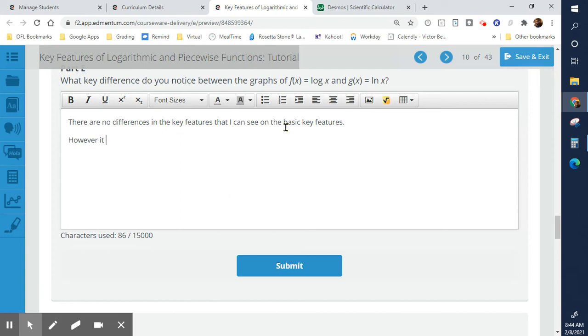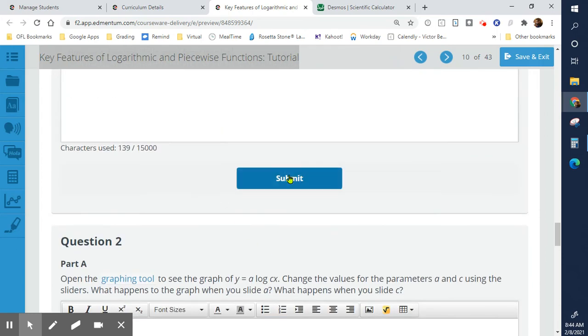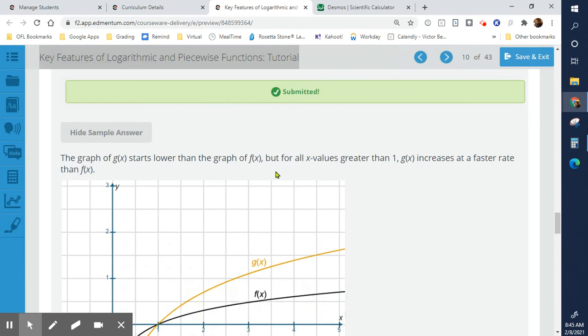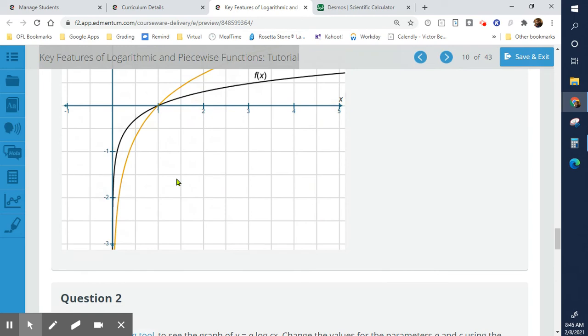However, it does look like ln grows faster than log. Let's see what they say here. So if you look at the key features, there aren't much except the rate at which it's growing. Oh, and the rate at which it's decreasing too. It looks like it affects that as well.